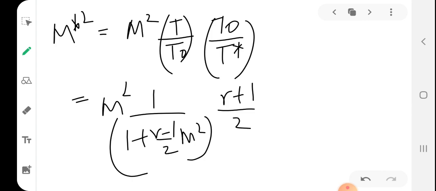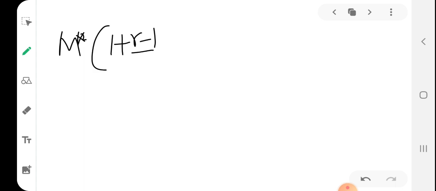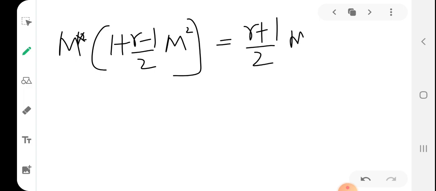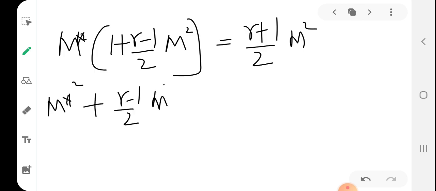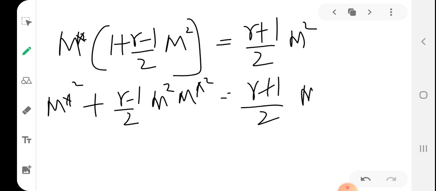Now I am taking this term to the left hand side. What will happen? Mach star square into 1 plus gamma minus 1 by 2 Mach square equals gamma plus 1 by 2 into Mach square. Now I open the bracket: Mach star square plus gamma minus 1 by 2 Mach square into Mach star square equals gamma plus 1 by 2 Mach square.